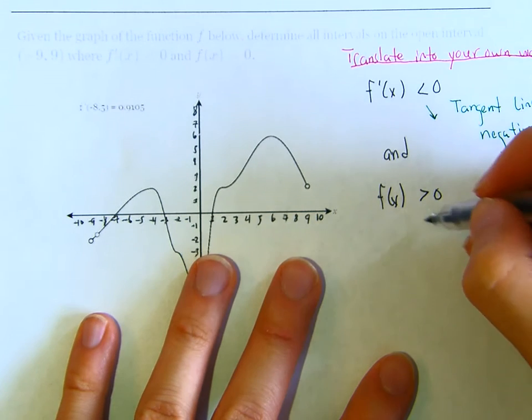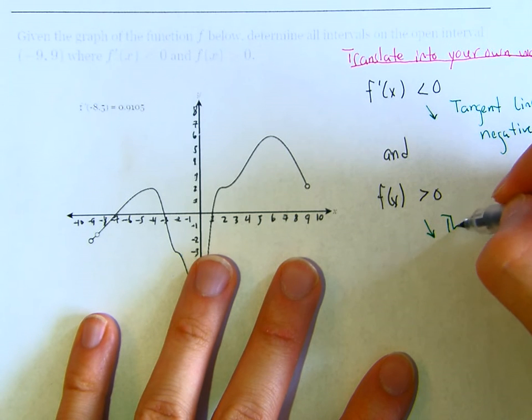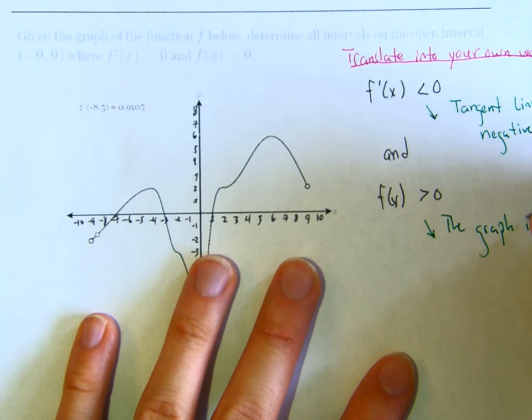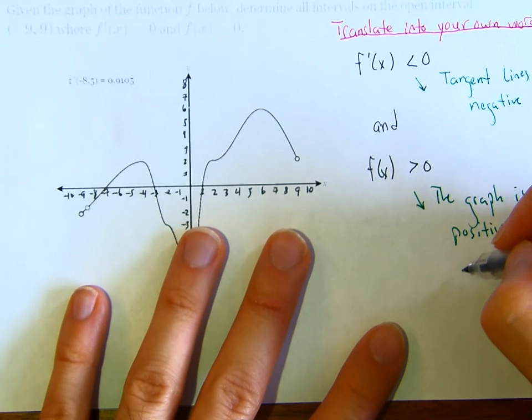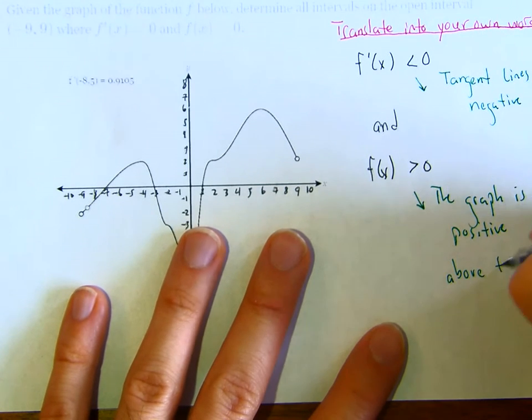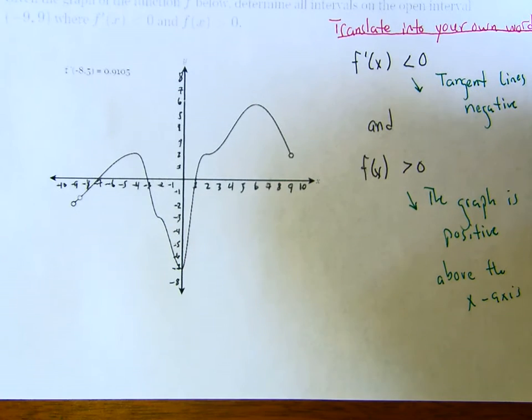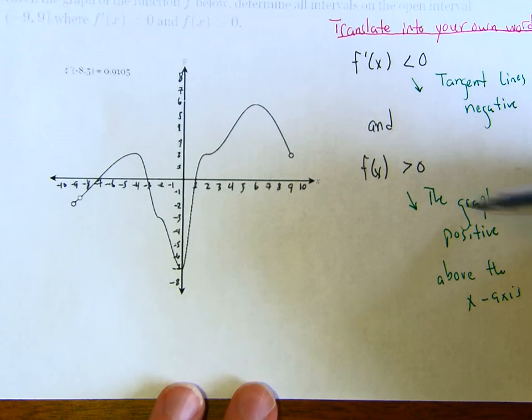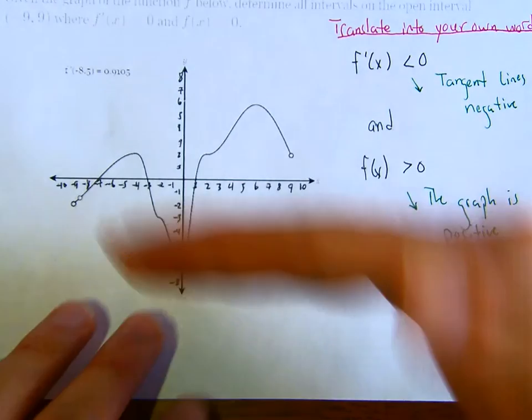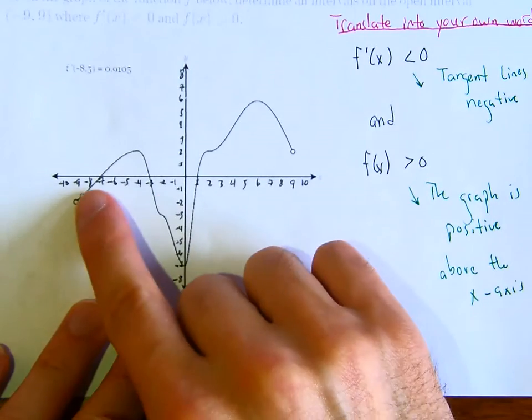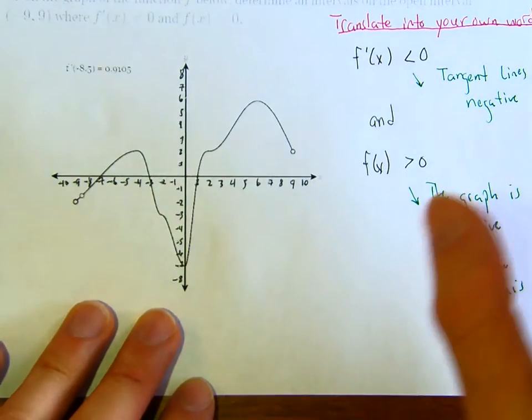And here, it's saying the graph is positive, or when you say the graph is positive, you are above the x-axis. Okay, so let's take a look here. This one's easier to find out first. When is the graph positive? It's everything above the x-axis. So anything under, like here to here, we're not going to even look at.